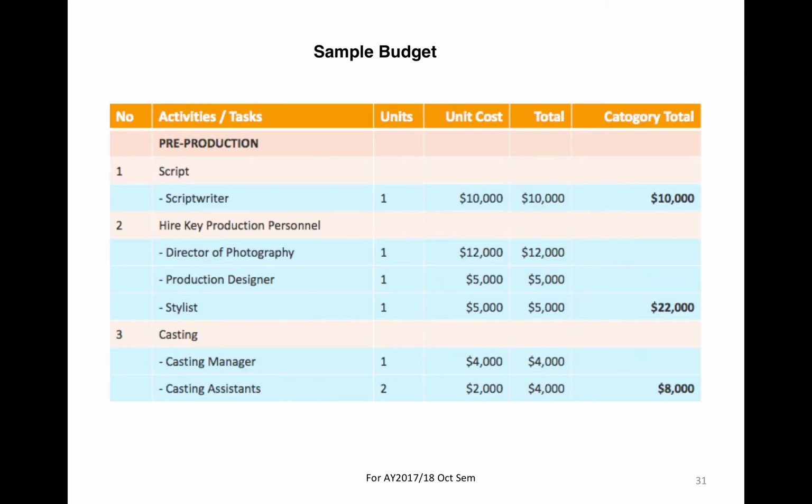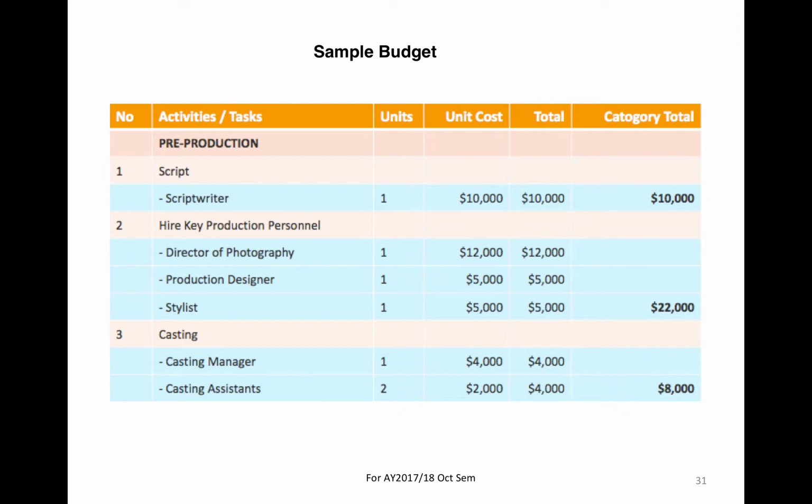All right. So basically, you need to break all the items down. Let's say your script: the cost of your script is how much? And when you need to hire key production personnel, you have to let them know what the roles are, how many, and how much they will cost.